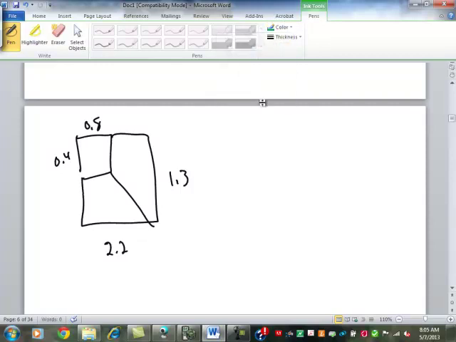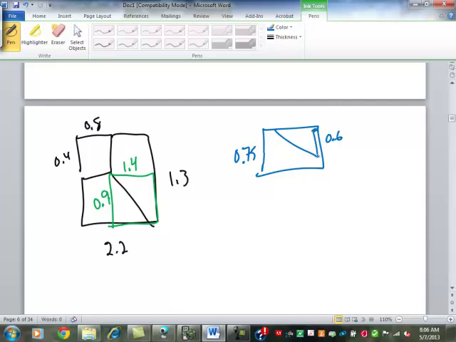All you really care about is this box here. So this piece here is 2.2 minus 0.8, or 1.4. This piece here is 1.3 minus 0.4, or 0.9. In the next picture over, we're given a depth. We're given 0.75 here, which we don't care about. We're given 0.6 here. That's what we care about.